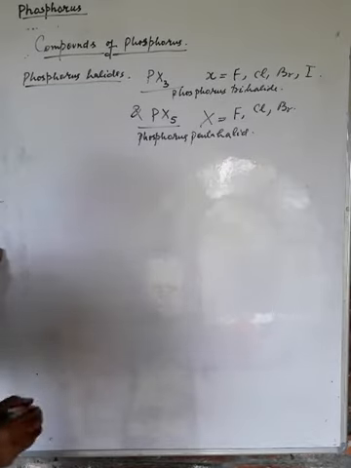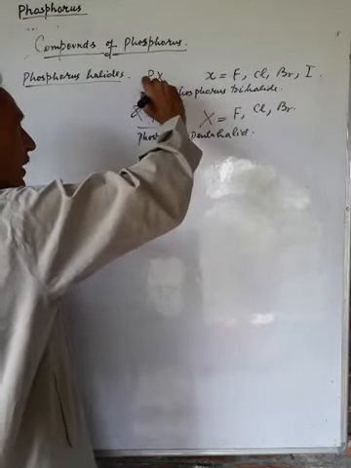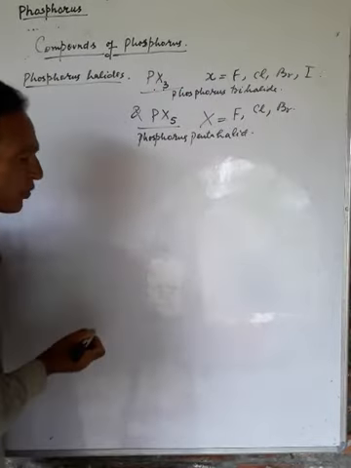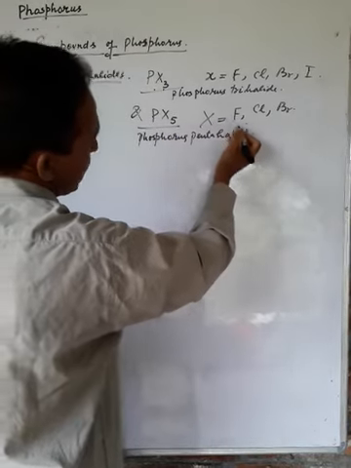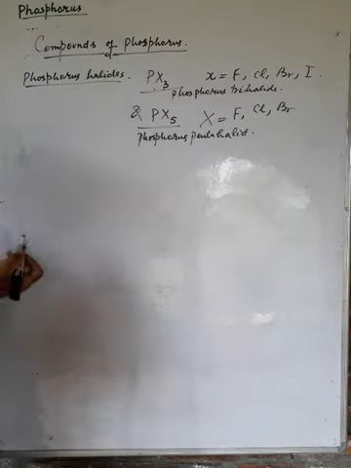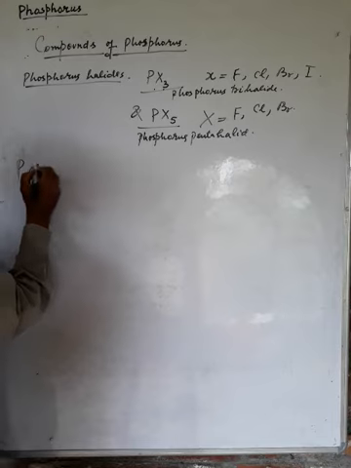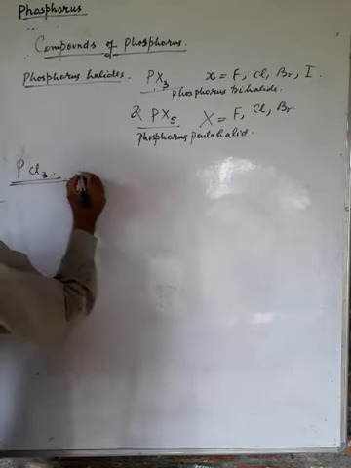In phosphorus trihalide, the general formula is PX3, where X represents the halogen: fluorine, chlorine, bromine and iodine. In phosphorus pentahalide, PX5, X is fluorine, chlorine and bromine. Now in the phosphorus trihalides, we will take PCl3 and see how it is prepared.